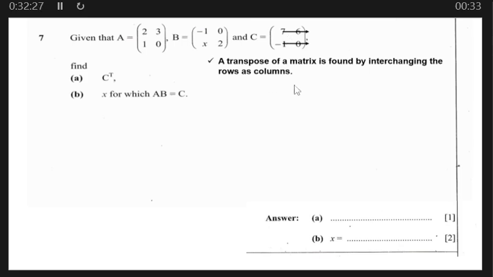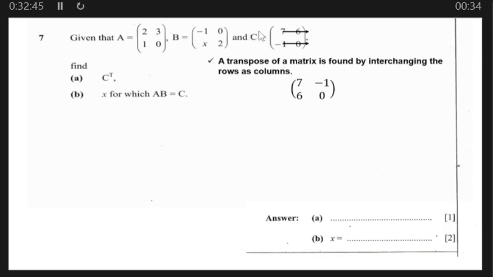So this one will be a row. You start with 7, 6, which was going like this, and now it becomes upright like this.